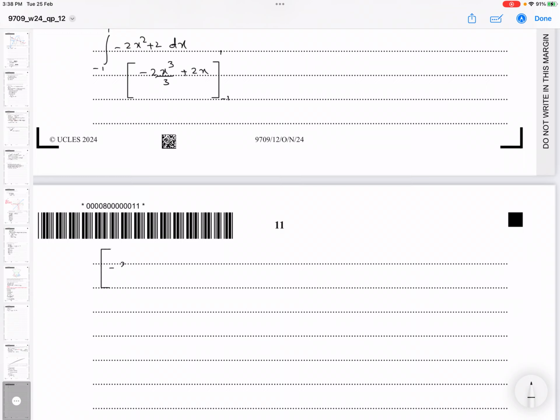So minus 2 times 1 power 3 over 3 plus 2 times 1. This is my upper limit, minus my lower limit, which is minus 2 times minus 1 power 3 over 3 plus 2 times minus 1.